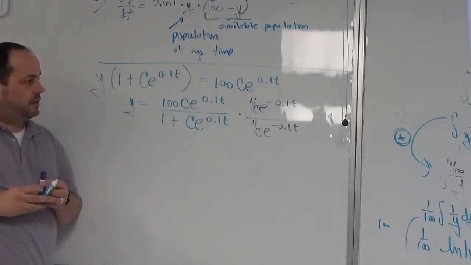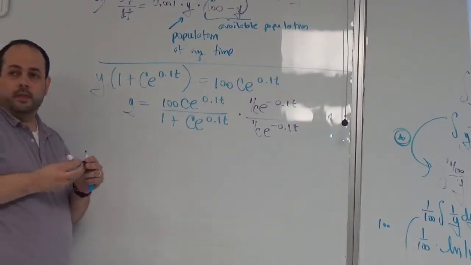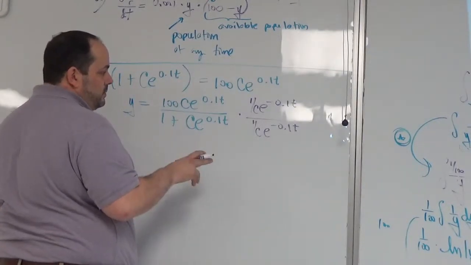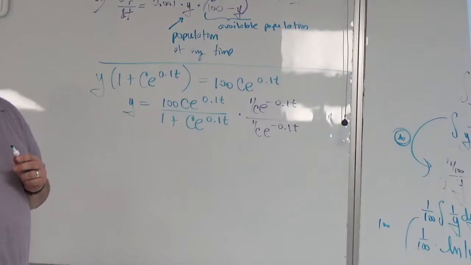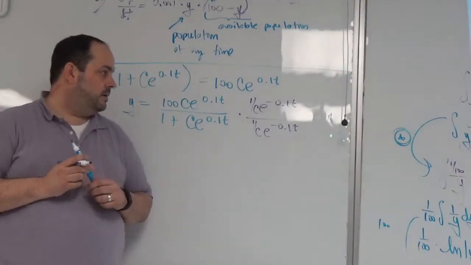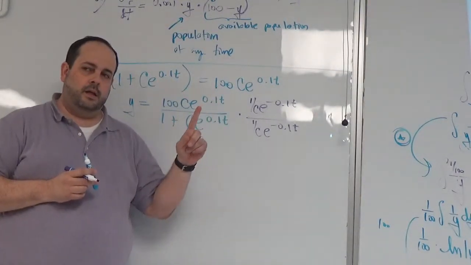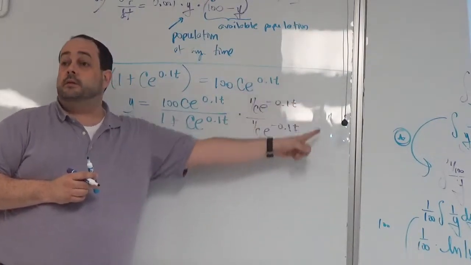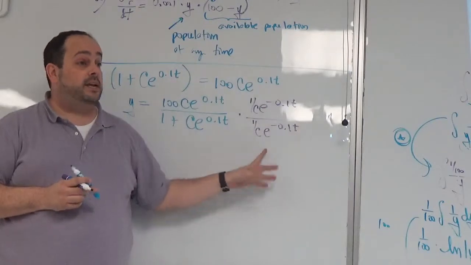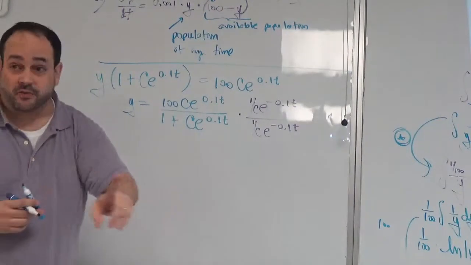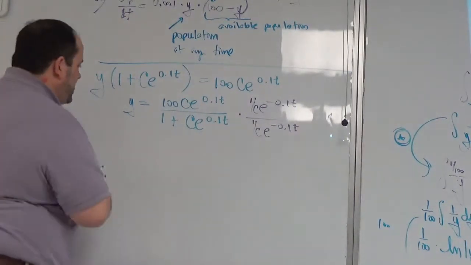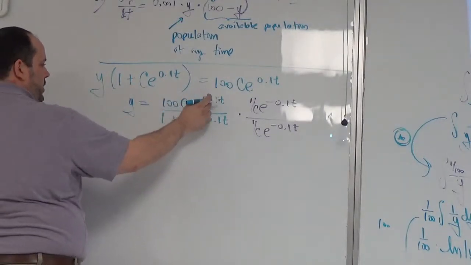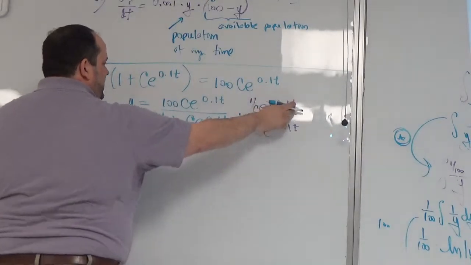Yes, because in that way you're canceling, or in other words, moving the denominator to the numerator, and you do the 1 over c times e to the power of negative 0.1 t to cancel out. This is fancy one. It is not anyone's choice for fancy one except mine. But watch what happens. 100 c e to the 0.1 t times 1 over c e to the negative 0.1 t.